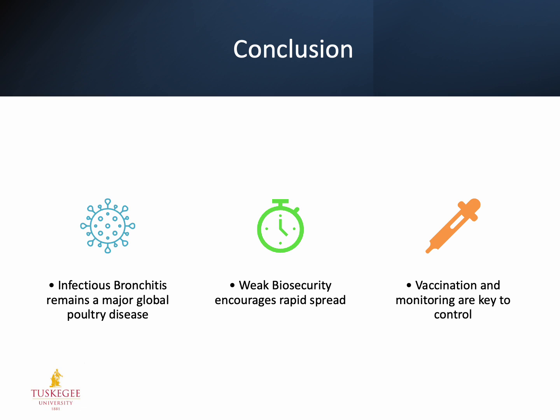So it is with us, it is something we need to pay attention to, and something we need to try as much as possible to prevent by improving our biosecurity, so we can limit and curtail the rapid spread of infectious bronchitis. Then we know now that vaccination and monitoring are also very key to controlling infectious bronchitis.